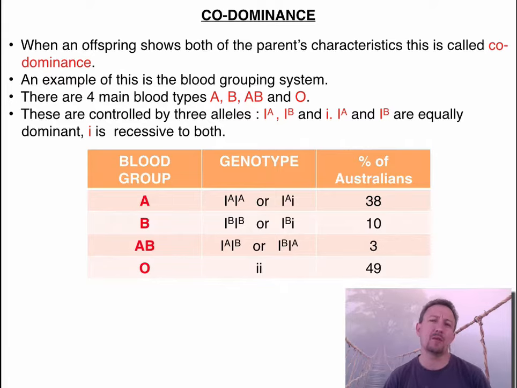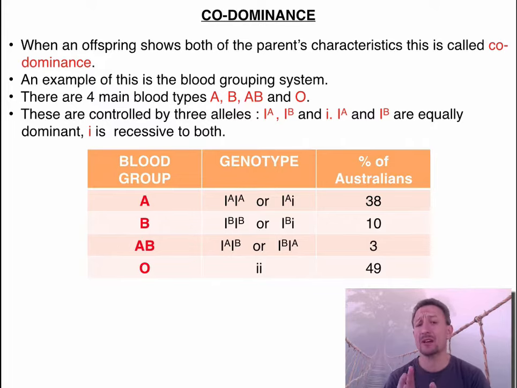Now think about what happens when you've got two parents. One is A and one is, for example, B, and they happen to be homozygous. That means I A joined with I B. Your genetic crossing should be at a level now where you're probably thinking that you're going to get all of your offspring being I A I B. In this case both the I A and the I B have equal dominance, so their characteristics are shown through in the offspring.